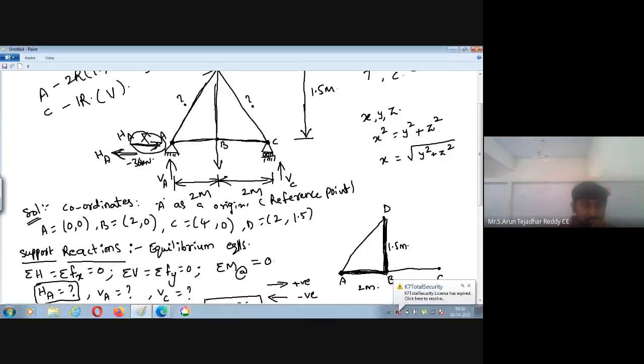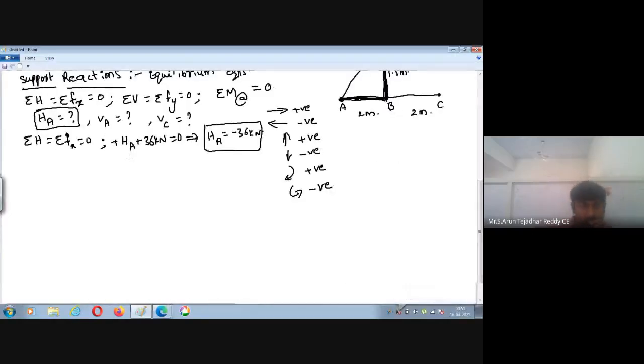This is not the correct direction because we got a negative value, so this direction is better. Next, find the other unknown reactions, that is VA and VC, by applying the vertical equation.